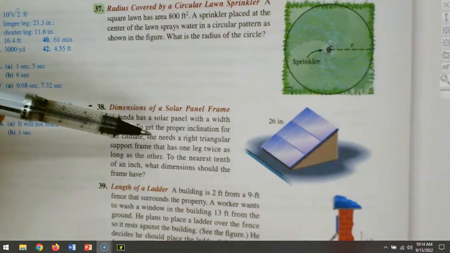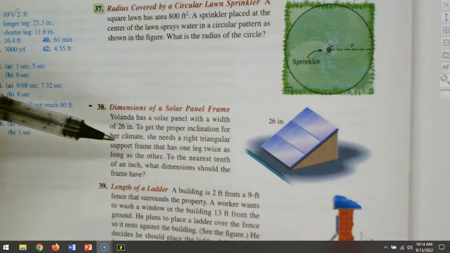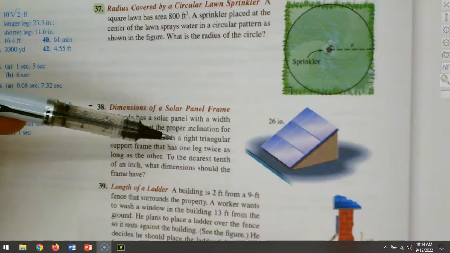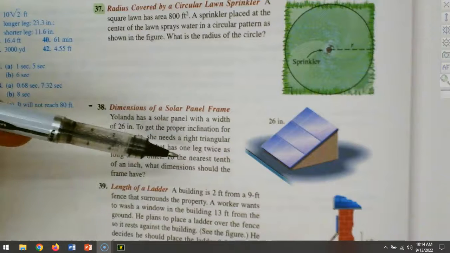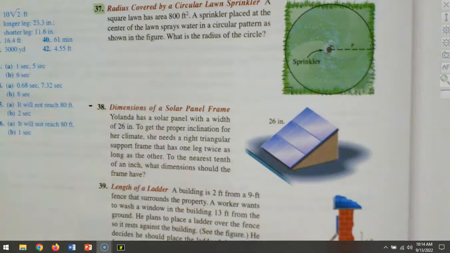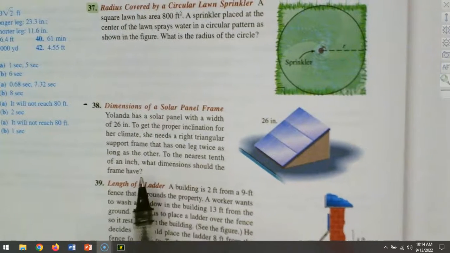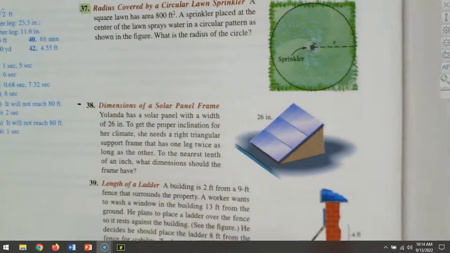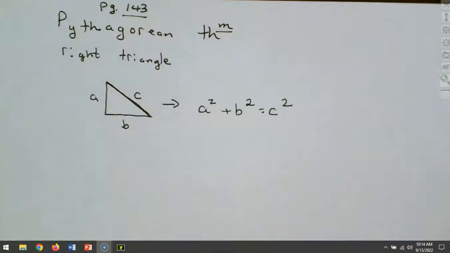To get the proper inclination for her climate, she needs a right triangular support frame that has one leg twice as long as the other. To the nearest tenth of an inch, what dimensions should this frame have? So we're going to get this to the nearest tenth of an inch.